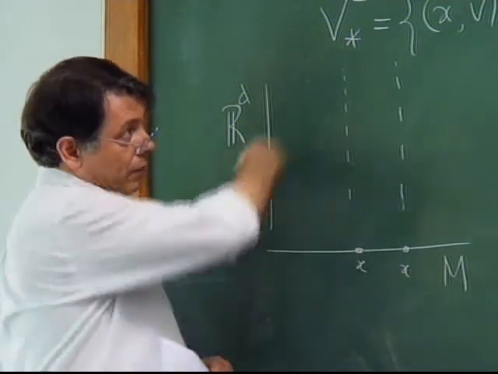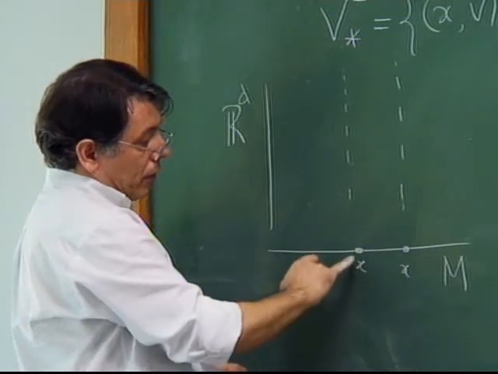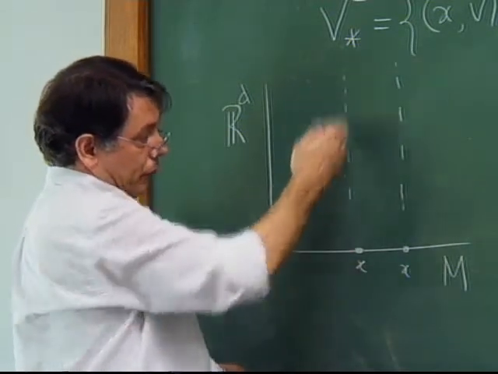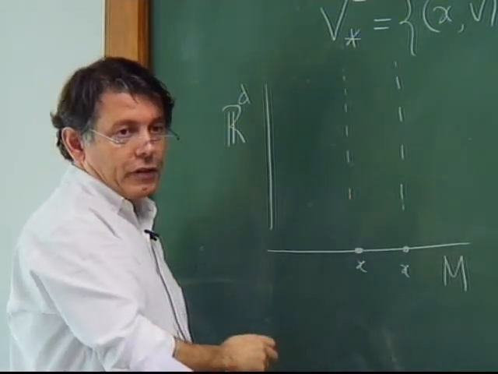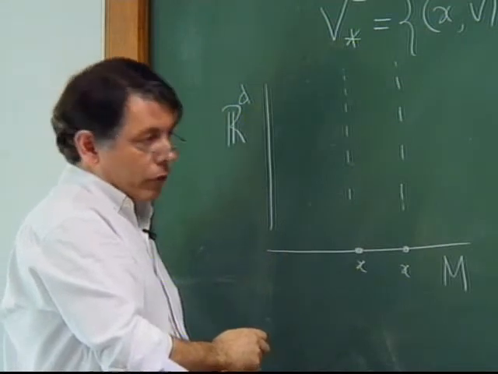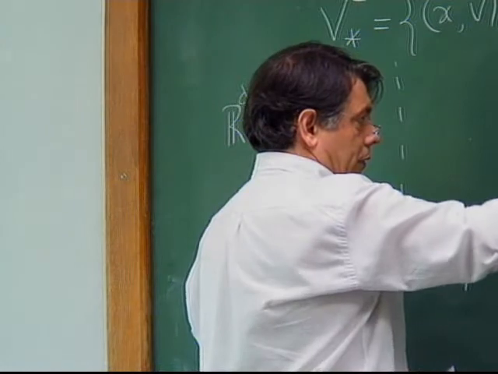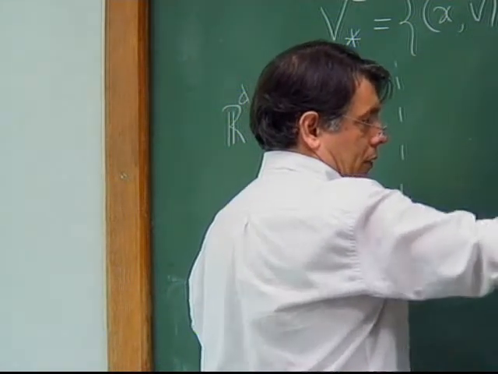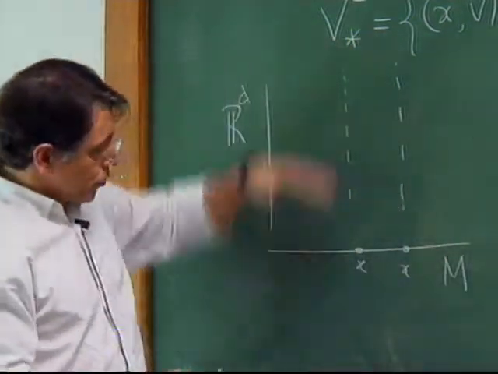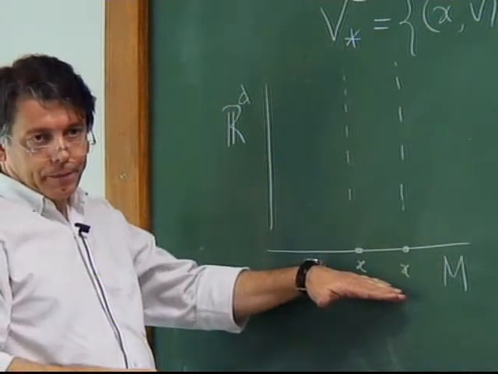So I have a set here. Maybe it intersects this vertical, maybe it does not intersect the other vertical. So I'm going to look at the projection of this set, downstairs.